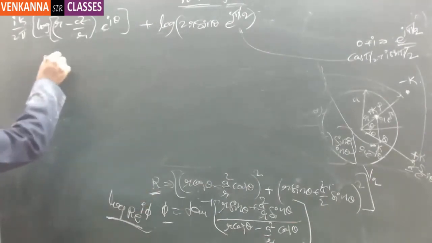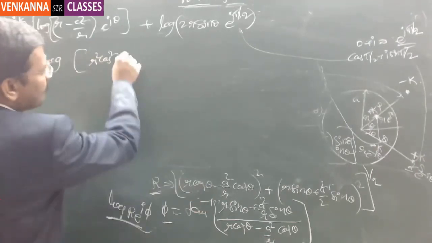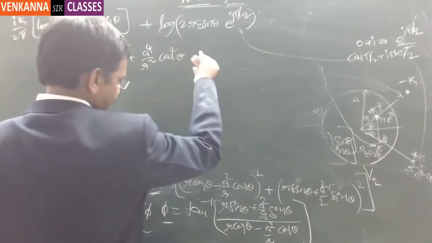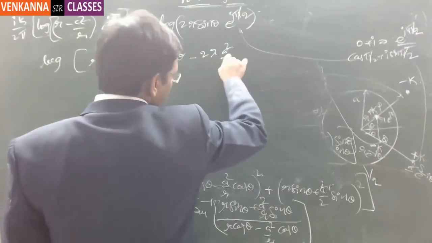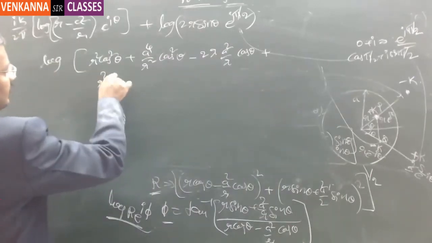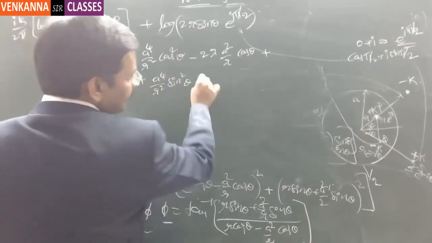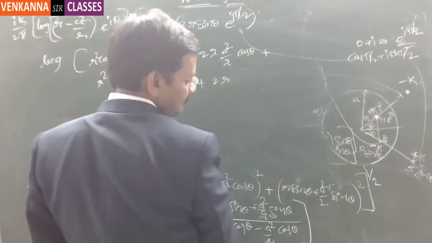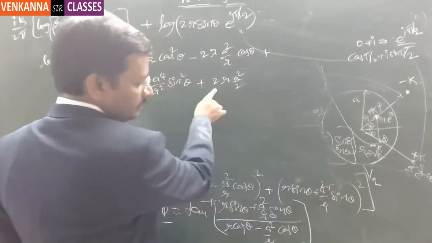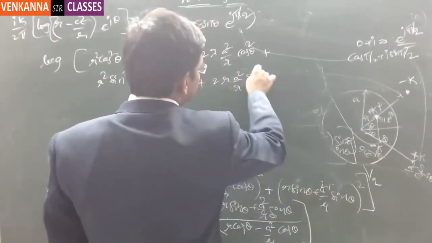So this is log of r square cos square theta plus a power 4 by r square cos square theta minus 2r into a square by r into cos theta, plus r square sin square theta plus a power 4 by r square sin square theta plus 2r into a square by r, this is cos square theta, and then this is sin square theta.